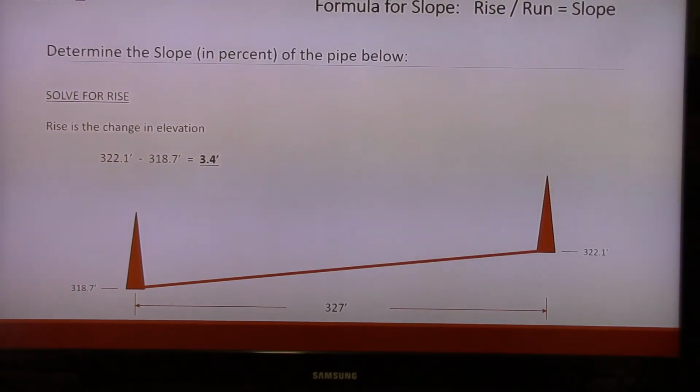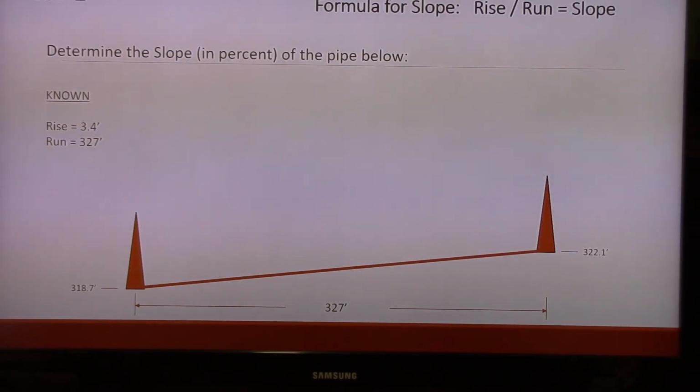This is fairly simple. We're going to subtract 318.7 feet from 322.1 feet. You should come up with 3.4 feet as being the difference. Let me say it again. 3.4 feet is the rise, and that is the difference between the elevation of those two manholes. There it is, 3.4 feet.